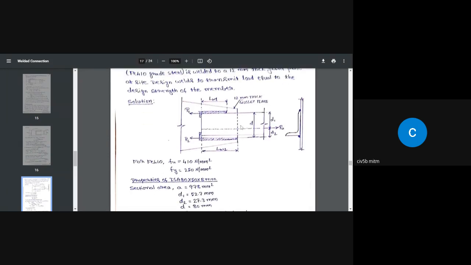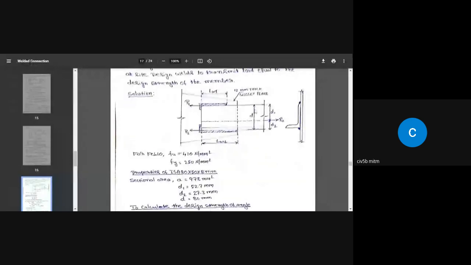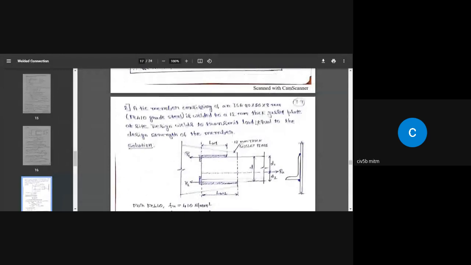What is our section? 80 by 50 by 8 millimeter. If you go to the leftmost column where it says the designation, ISA 30 by 20, ISA 40 by 25, etc., at the last item, that is ISA 80 by 50. That's what we have here, 80 by 50.